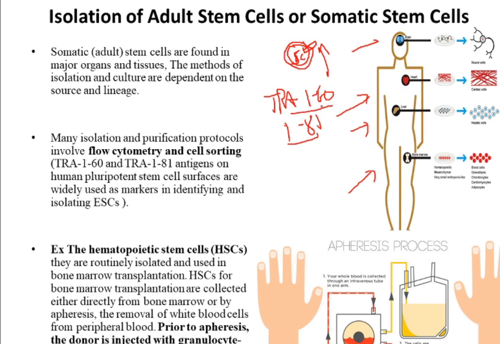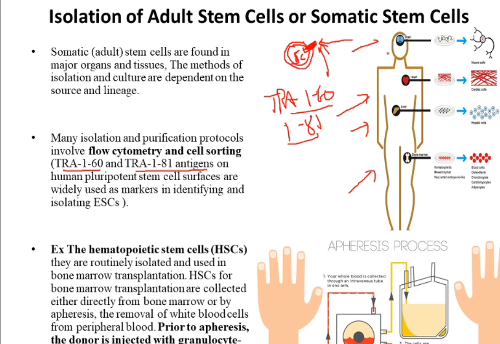These two types of protein are a signature of a stem cell. So whatever cell has TRA 160 or TRA 181 on its membrane, we call it an antigen, TRA 160 and TRA 181 antigen. So we identify this as a marker for the stem cell.